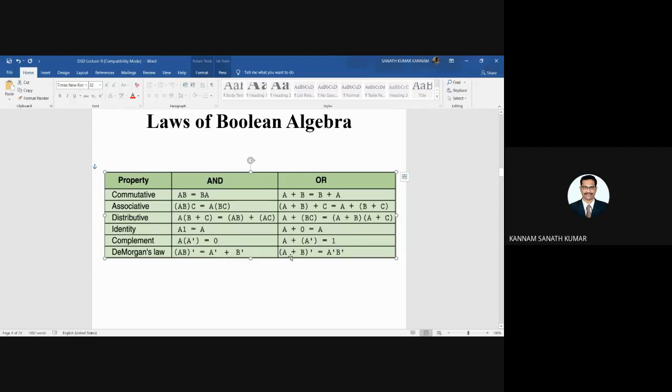Here A plus B is OR, A plus B whole complement. When you apply complement to OR, the complement will be applied to each and every variable, and OR will convert into AND. So A plus B whole dash equal to A dash into B dash. This is one of the important laws, De Morgan's law.